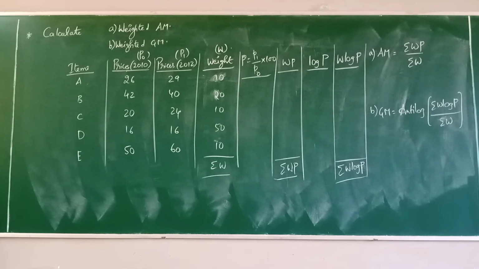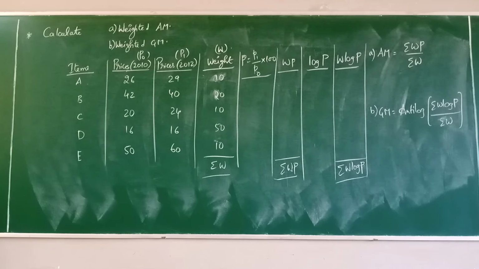So after calculating log of P, for the formula we need W log P total. So W we have as weights and log P we have just calculated, and then multiply both, W into log P. After multiplying each value in the row, you have to calculate summation of W log P.